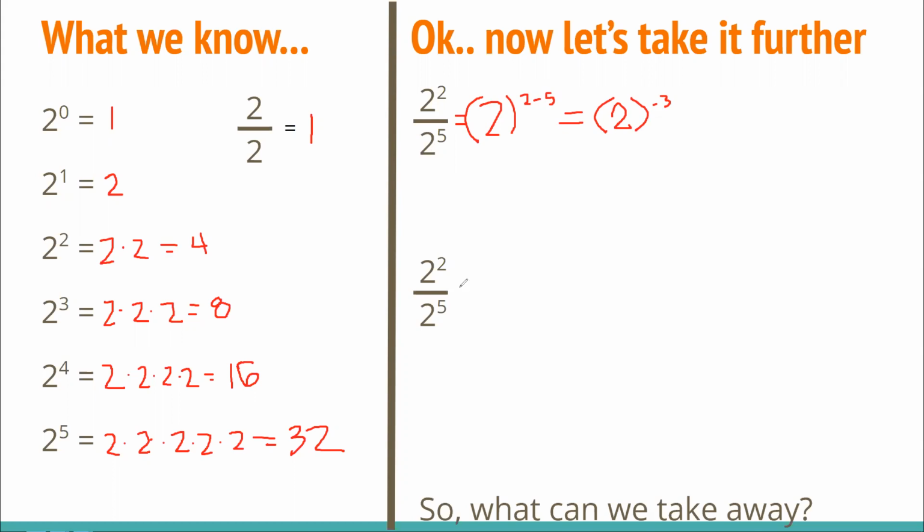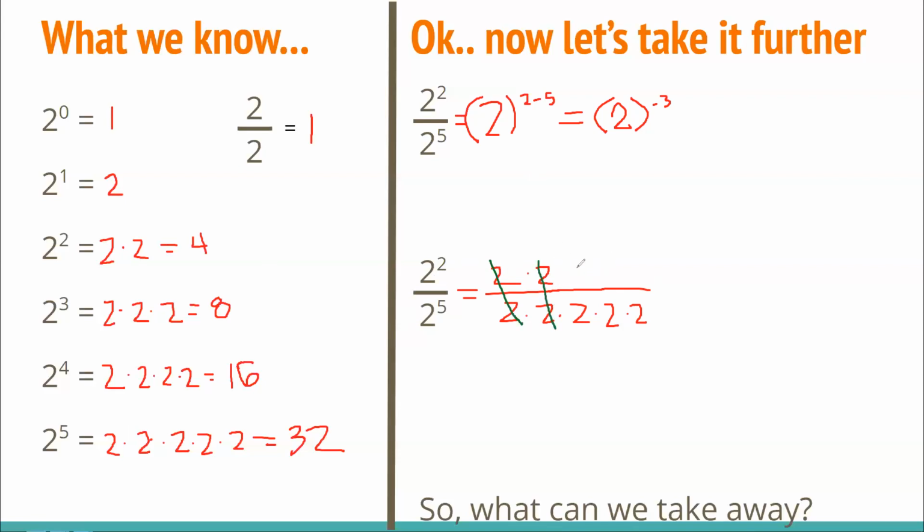Let's try this with expanding it. I'm going to do 2 to the second, which tells me that I write down 2 times 2. And then 2 to the fifth, I write down 2 five times: 2, 3, 4, 5. I know from previous lessons that what I'm going to do now is cross out my duplicates. So I'm crossing those out.